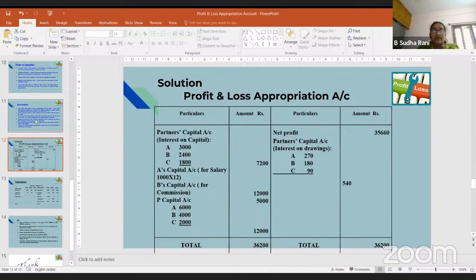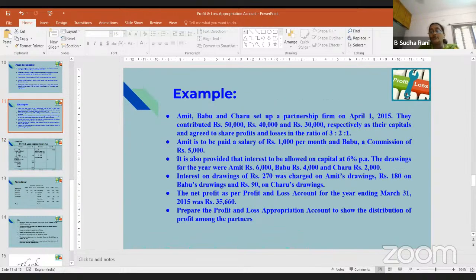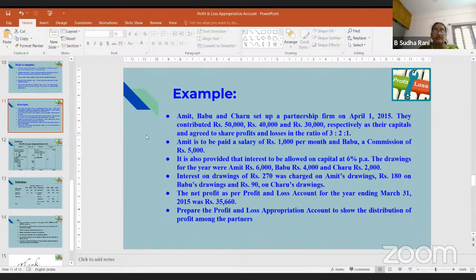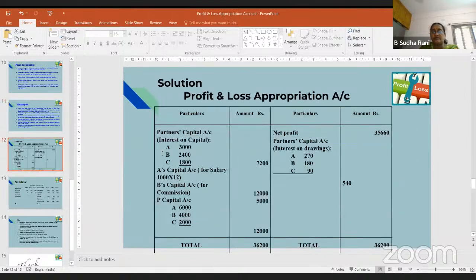Those will be given to you in order to calculate interest on capital and interest on drawings. Understood? Don't do that mistake.